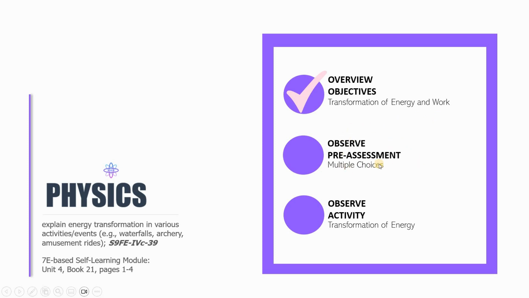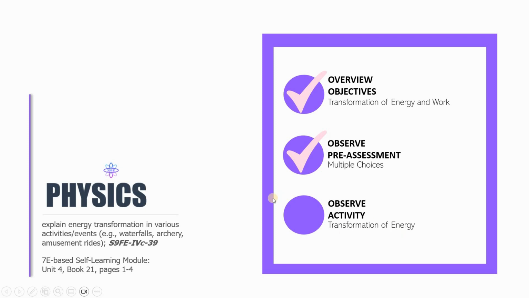And then we went back a few steps to assess ourselves if we still remember the concepts we learned from book number 20 through the Observe Pre-Assessment. And then we had a formal introduction to book number 21 through the Observe Activity, the Transformation of Energy.